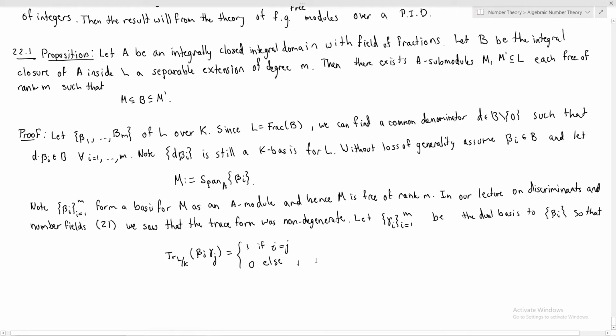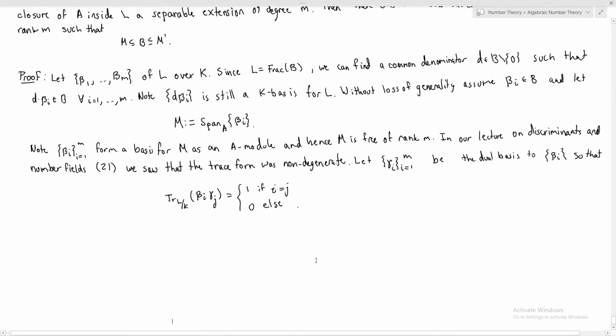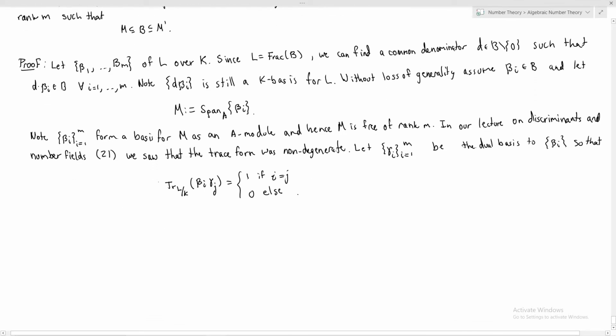Remember this: to construct a dual basis, you use the bilinear pairing to give you an isomorphism between L and the linear dual, and these gamma sub j's are the elements which map to the dual basis of the linear dual to L.